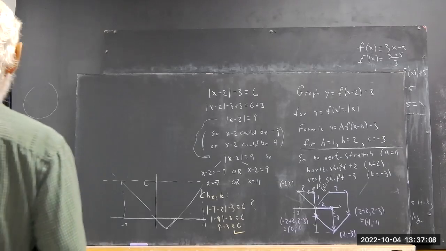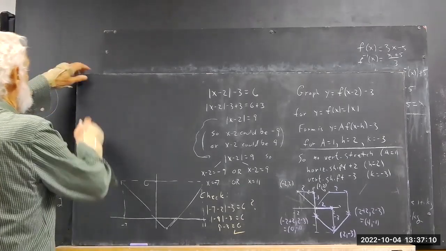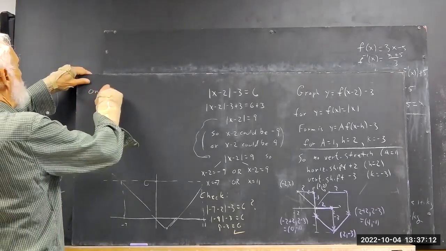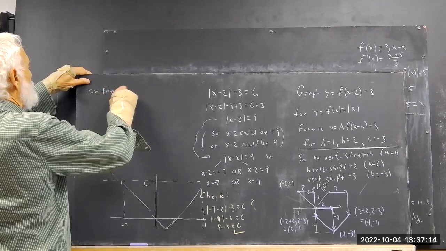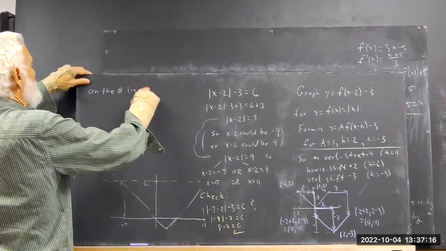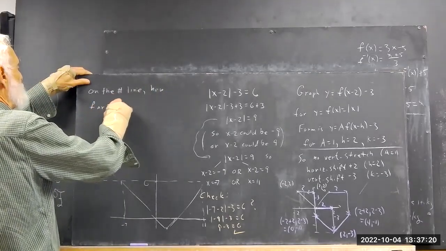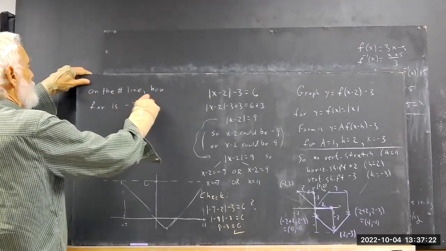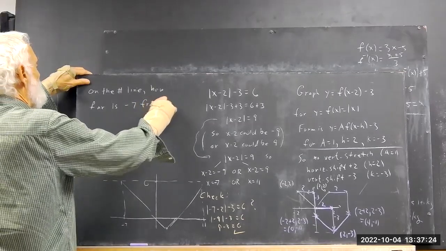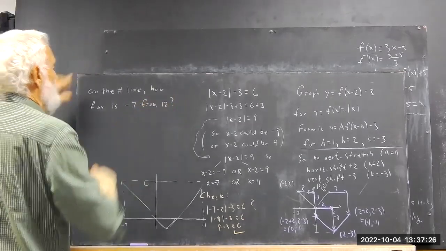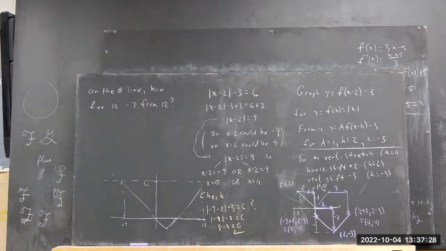Question here about absolute values on the number line. How far is -7 from 12? Well, what's the last digit of your answer?